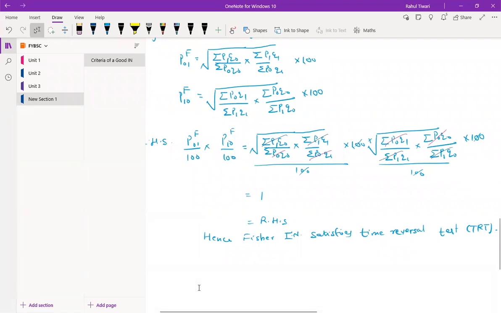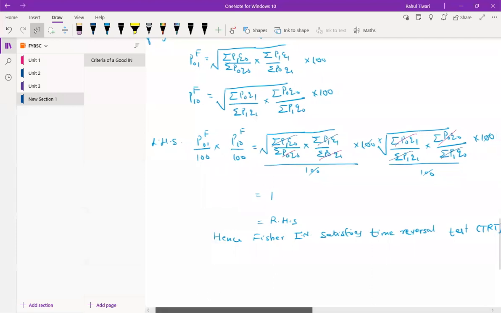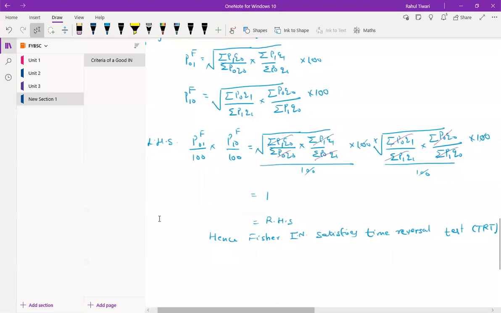No problem. Everyone understood how to do it for Fisher, whether the Fisher index number satisfies TRT or not.